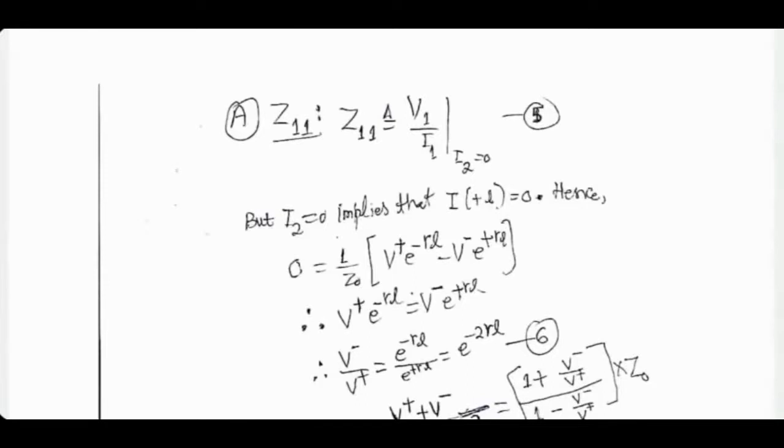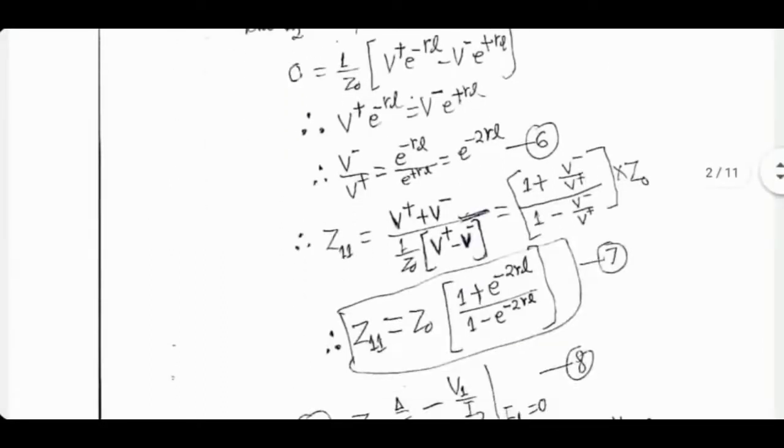So let's equate it to 0. What we get is V plus e to the power minus gamma L equal to V minus e to the power plus gamma L. So the ratio V minus upon V plus is known in this particular case. This equation will not apply to all cases. V minus divided by V plus turns out to be e to the power minus 2 gamma L.